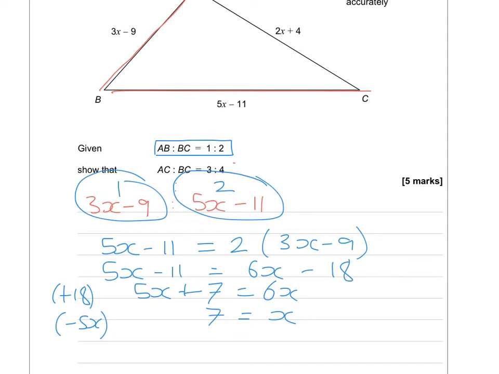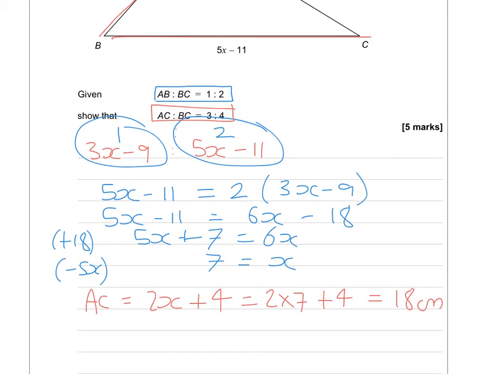We now need to show that AC to BC is 3 to 4, so we're going to work out the values of AC and BC. AC is equal to 2x plus 4, which is equal to 2 lots of 7, plus 4, which is equal to 18 centimetres. BC is equal to 5x minus 11, which is 5 times 7, subtract 11, which is equal to 35 take away 11, which is 24 centimetres.